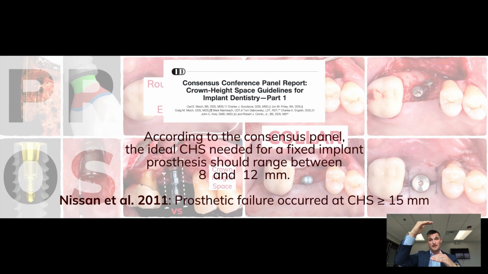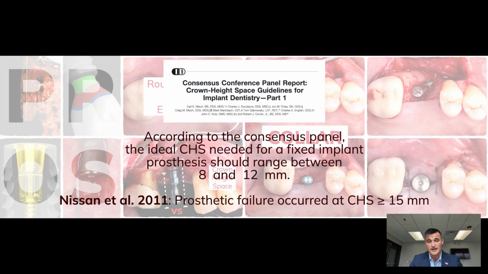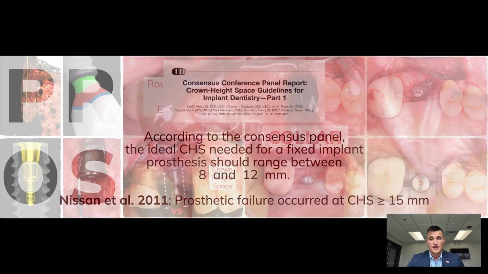Whereas when I have a tissue level implant, my platform level is brought up 2 to 3 millimeters, depending on the implant that we're using. So we're reducing our crown height space, and the study by Nissen showed that there's an increase in prosthetic complications after a crown height space of 15 millimeters or more. So reducing that crown height space can be very helpful.